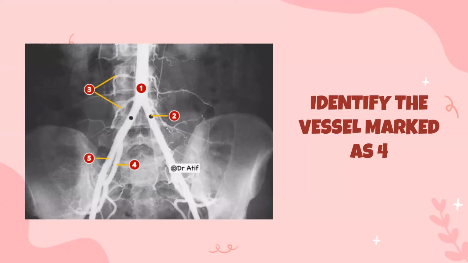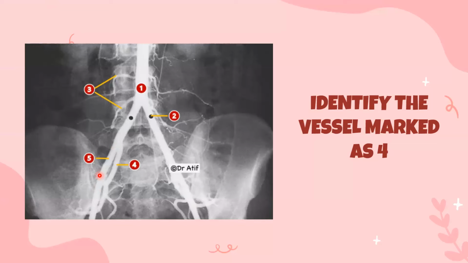I have a question. Mm-hmm. So since we have said number 4 is internal iliac, what about external iliac? Isn't it number 5? Yes, it is. As soon as you have the bifurcation of the common iliac, you will immediately have an external and an internal. It doesn't give the internal and then continue as a common iliac to then give the external.